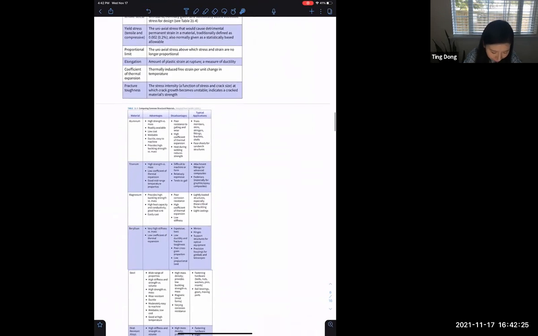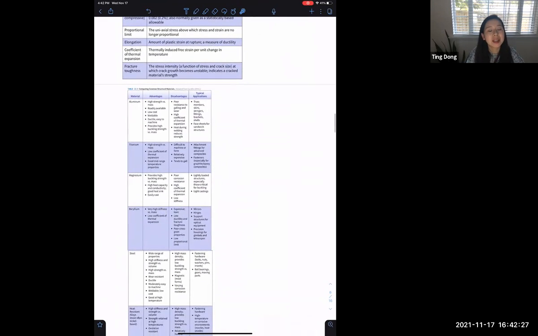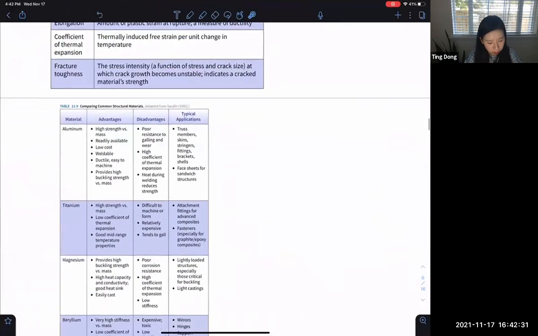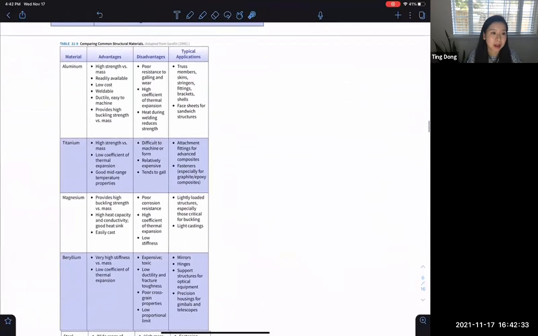structure analysis. And for the material selection, we can choose metallic material. The most common one is aluminum. Of course, it has a lot of advantages. It is an affordable material, and it has the best strength to weight ratio.